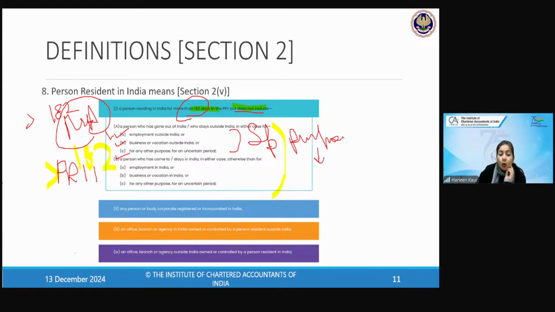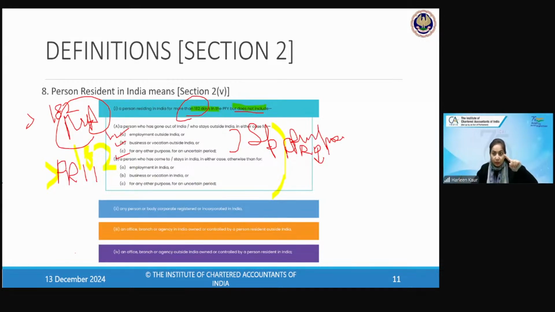So if you go outside India for employment, so now he's going to US for studying further for employment purposes, or he's going to do a business or vocation outside India, or he has got married over there and doesn't know for how long he's going to stay over there, then what does he become? Then he becomes the person resident outside India.